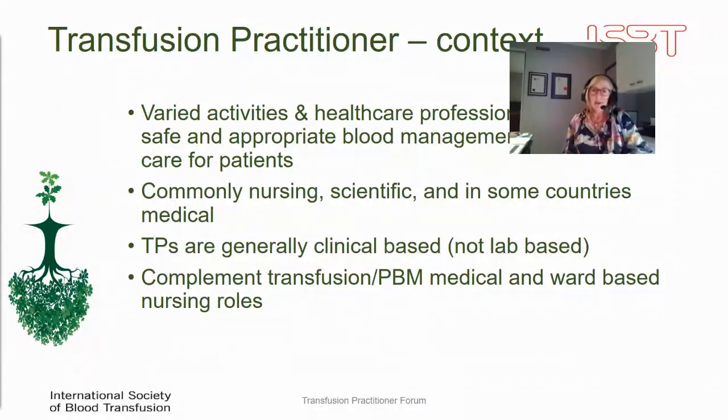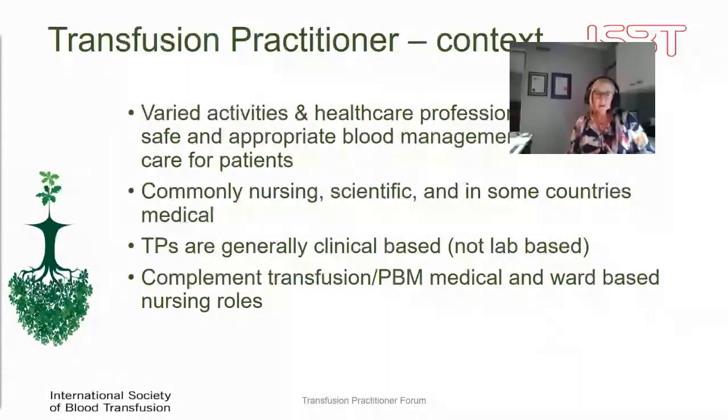So I guess it's really important for us to explain the context, or what is a TP. So it's not really straightforward. The term TP actually started in the United Kingdom, and we now use it internationally to describe a lot of varied activities that are undertaken by a group or a variety of health professionals whose key role is supporting safe and appropriate blood management or transfusion care for patients.